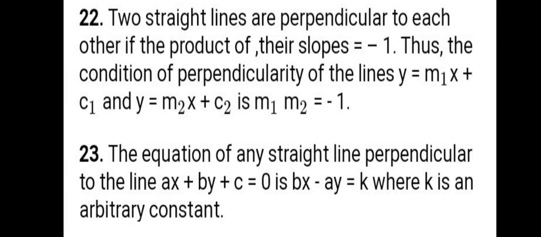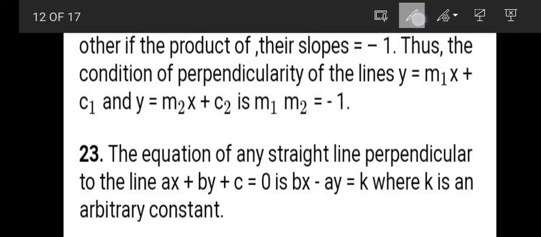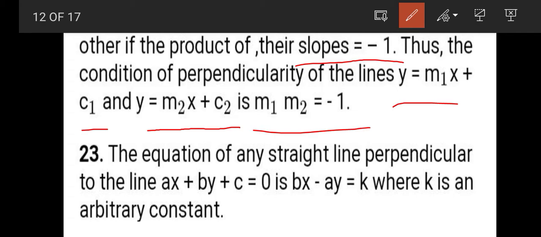The next point is, two straight lines are perpendicular to each other if the product of their slopes is minus 1. Thus the condition of perpendicularity of the lines y = m1x + c1 and y = m2x + c2 is given by m1 m2 = -1.